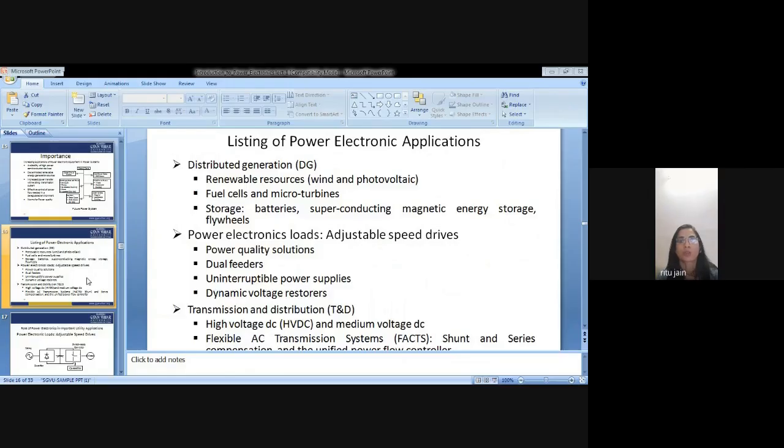Next are superconducting materials and flywheels. Energy storage devices are all constructed from power electronic components. Next are power electronics loads, adjustable speed drives, power quality solutions, dual feeder, uninterruptible power supplies, dynamic voltage restorer, transmission and distribution.